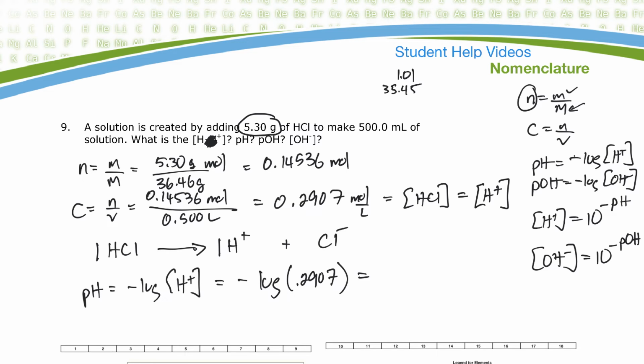So that comes out to 0.5365. For sig figs, there's 3 sig figs up here, so I need 3 decimal places in my pH. So it'll be 0.537. That'll be the pH of the solution. That one's done. Hydrogen ion concentration, I already have that one, so that's done.